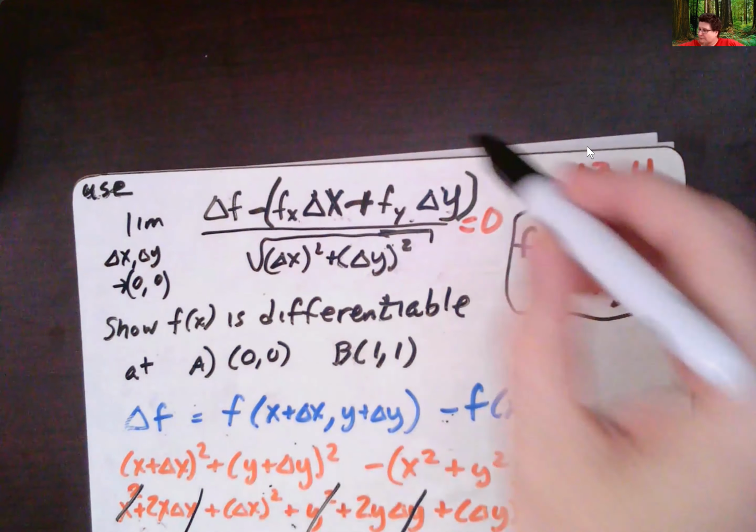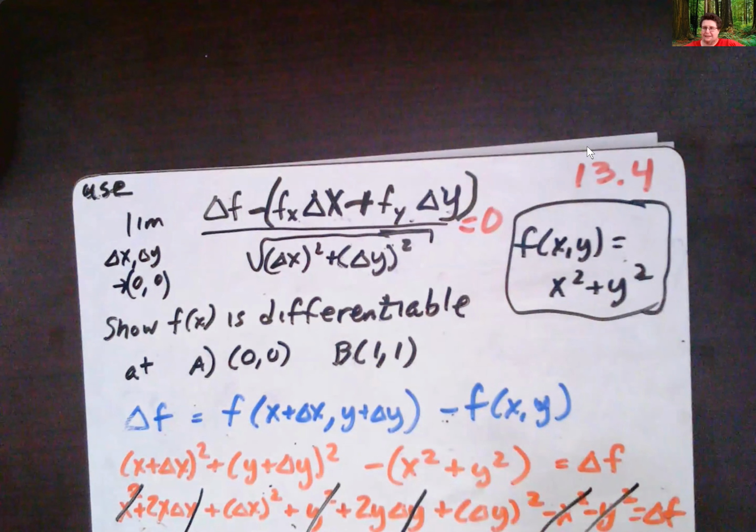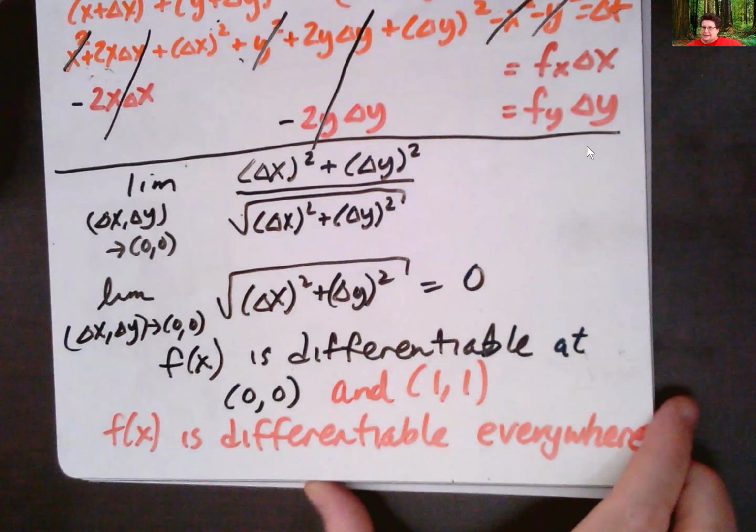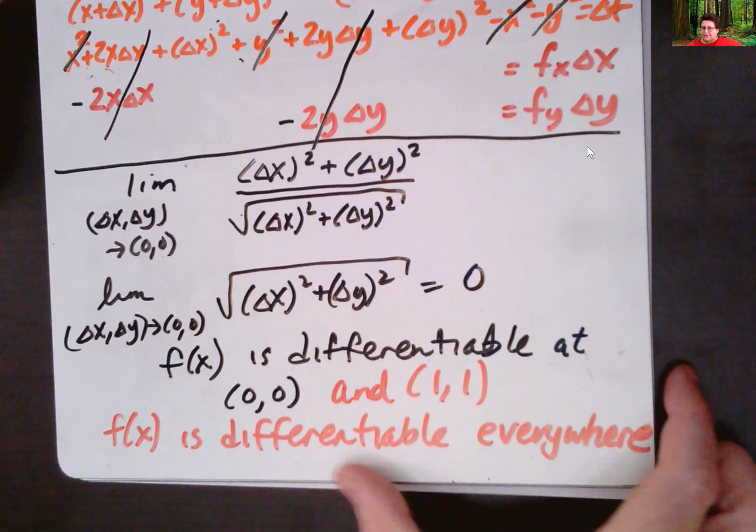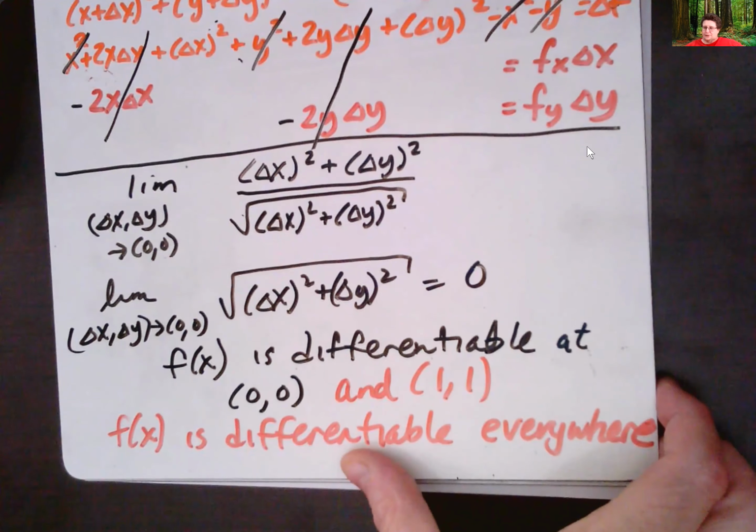When we switch it to d's rather than deltas, we have a total differential, which is our next section. If anybody needs this up, I'm about to take it away, so let me know. Otherwise, it's going bye-bye.